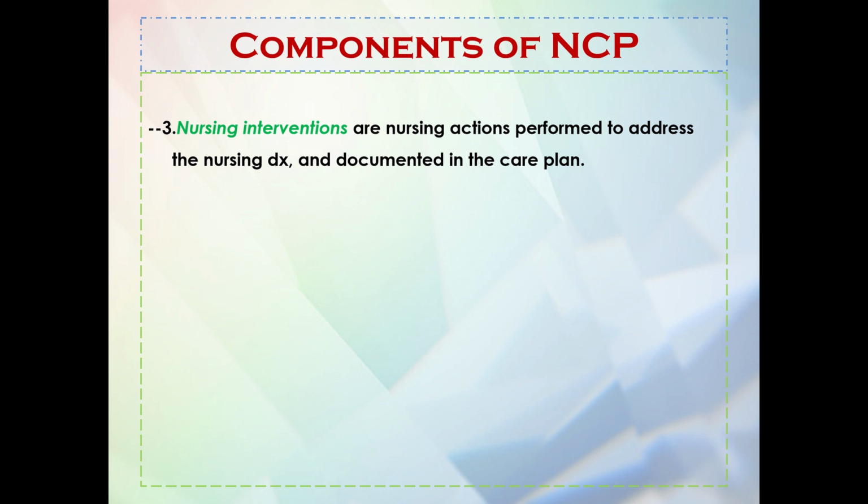So ito yung ginawa, yung actions na ginawa natin para ma-solve yung ating nursing problems or nursing diagnosis. And then number four, you have the rationale for the interventions in order to be evidence-based. So nagbibigay tayo ng rationale doon sa interventions na binigay natin para tayo ay evidence-based yung ating approach.